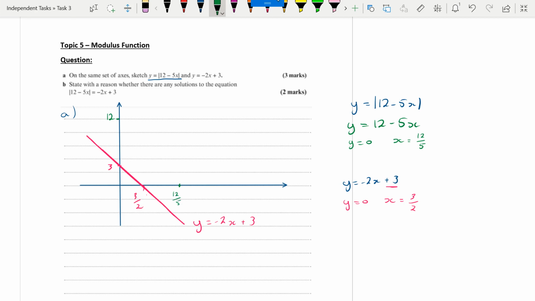Now, normally the line would keep coming down past that. However, when I do the modulus, as soon as it gets down to negative values of y, it's going to flip it, so it's going to repeat it up. Let me get now what this one's going to look like. I've got a point there.